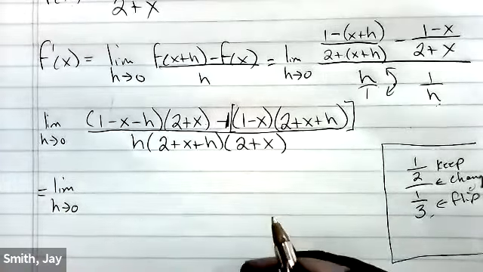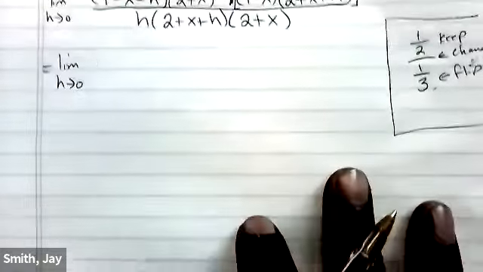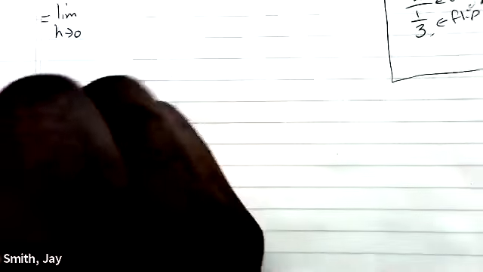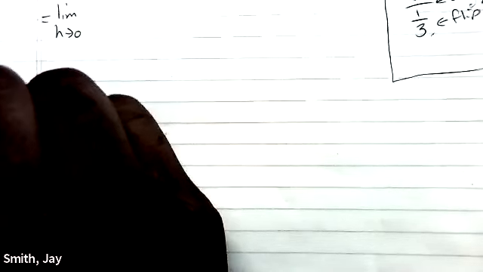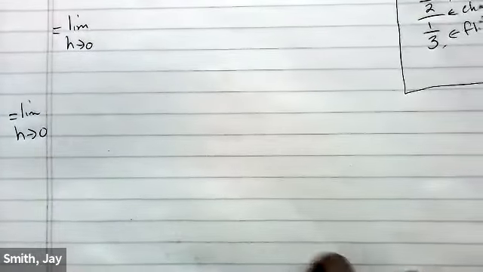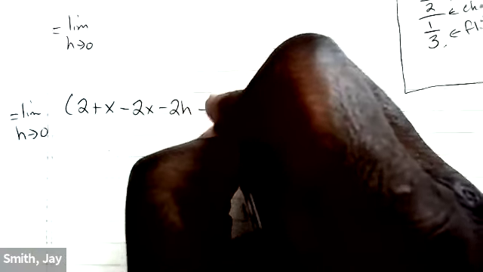as h approaches 0. Let me bring it down, I'm going to need some space here. So evaluating the limit as h approaches 0 for 2 plus x minus 2x minus 2h minus x squared minus xh.